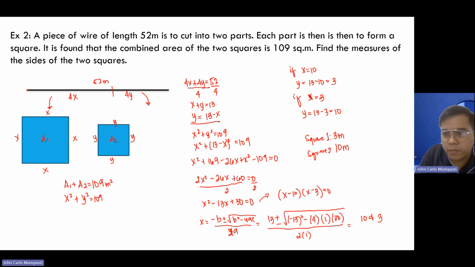Or pwede rin yung pagbaliktarin. Either yung isa is 3 meters, yung first square natin, yung second is pwedeng 10 meters yung side. Okay.